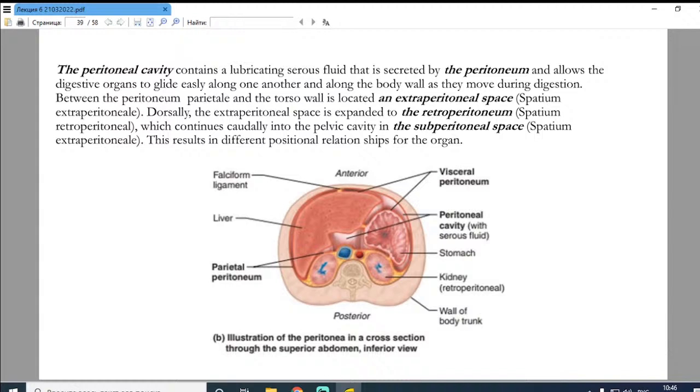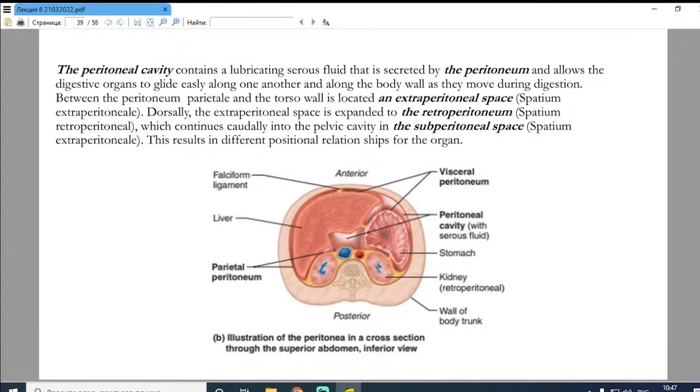This is the parietal peritoneum with serous fluid, which continues caudally into the pelvic cavity in a subperitoneal space, spatium extraperitoneale.